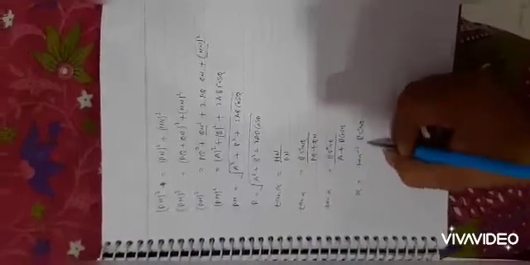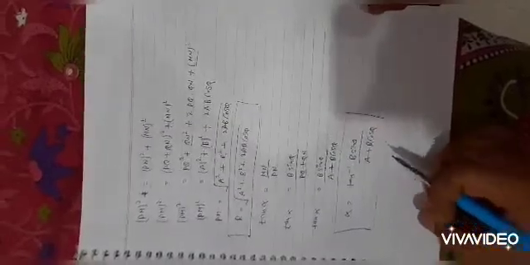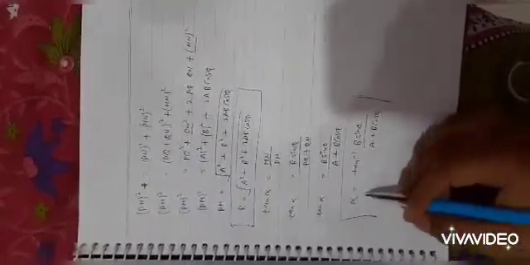So your angle will be tan inverse of B sin theta divided by A plus B cos theta. This is your angle and this is your magnitude. So in the analytic method we solve with some mathematical rules, and with the help of trigonometry we find the resultant and angle of the triangle.